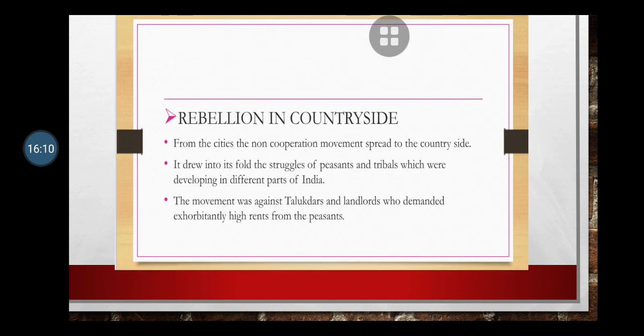Rebellion in the countryside, in the Gudem hills of Andhra Pradesh, where the tribal peasants were also very annoyed with the British government, because they were not allowed to move freely through the forest. The British had imposed certain laws, certain forest acts, under which they were not supposed to roam freely through the forest, right?